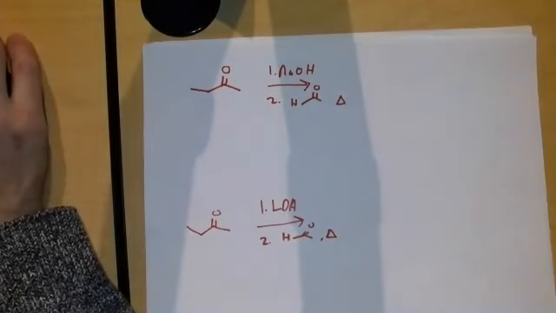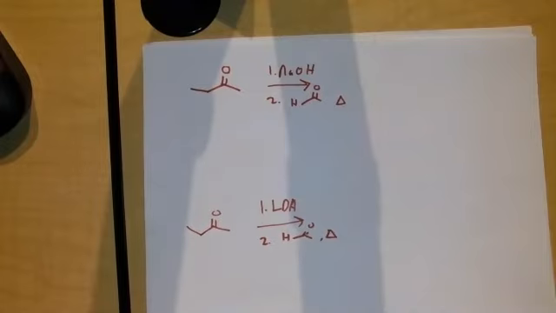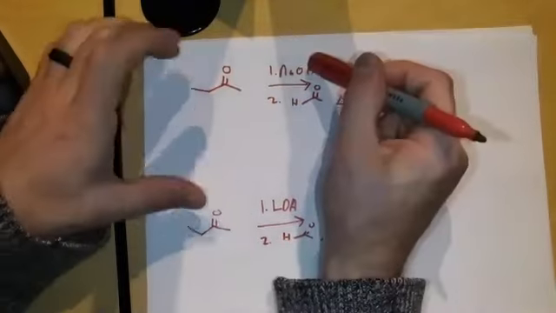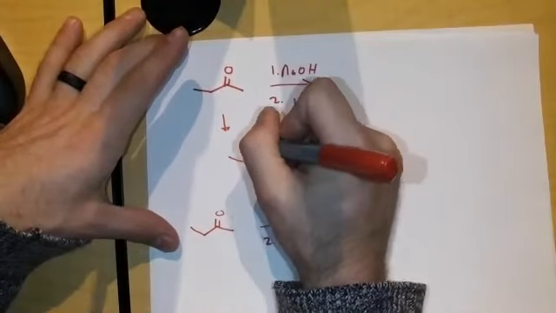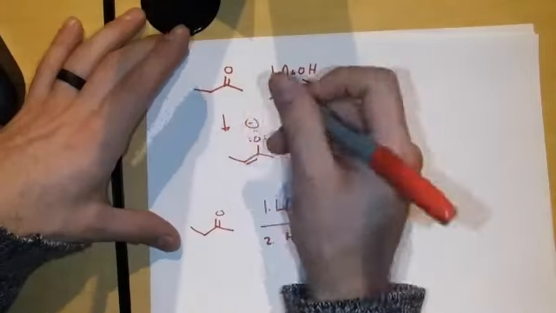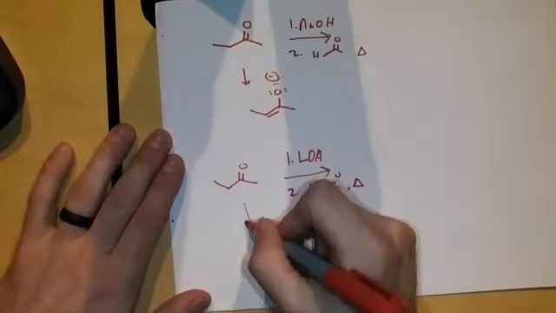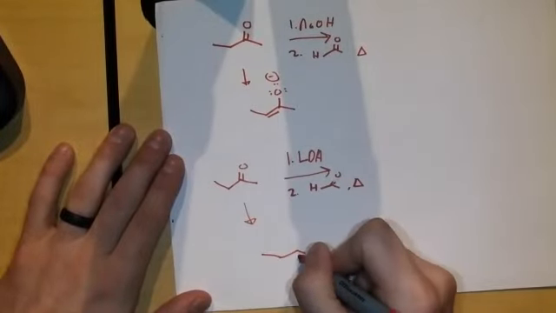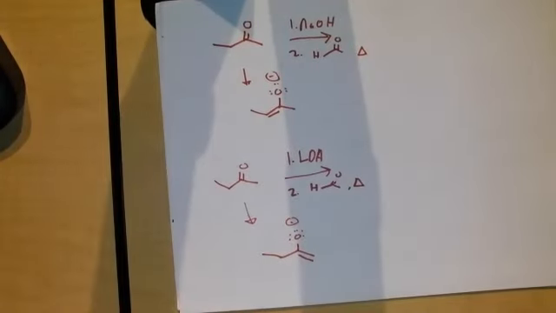I was watching the chat. I already did that one. Okay. So we're going back to our small base versus large base rule. NaOH is a small base, which means that we're going to make an enolate that looks like this here versus our one on the bottom where we have LDA. Our large base is going to give us a different enolate. So these are going to lead to different products.